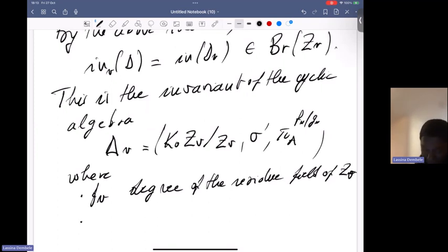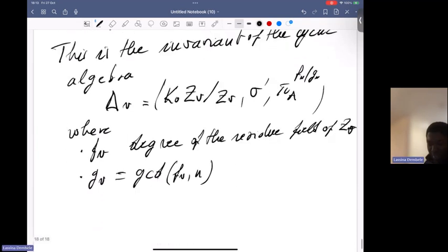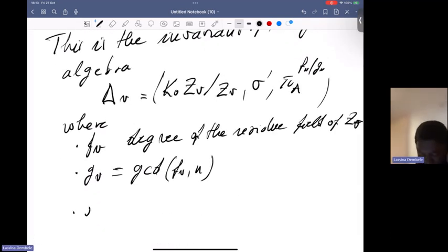And of course, g_v is the GCD of f_v and n, right? And so given that, sigma prime in this case is just sigma to the r, where r in this case is n divided by f_v.